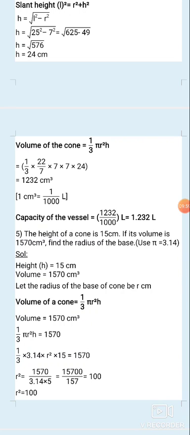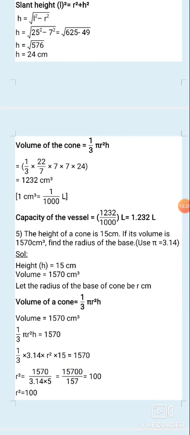Volume is 1 by 3 pi r square h, which is equal to 1570. Now what are the conditions given? 1 by 3 pi 3.14 into r square into h 15 is equal to 1570. So r square is equal to 1570 into 3 by 3.14 into 15. So that 3 and 15 are cancelled.